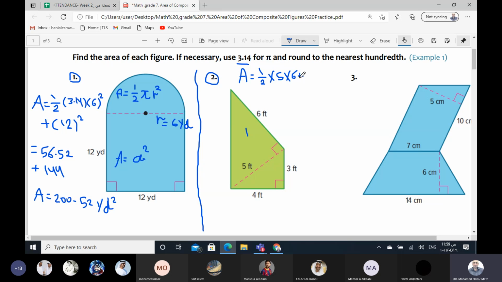Plus the area of the second triangle, 1 over 2 multiplied by the base, 4, multiplied by the height, 3.